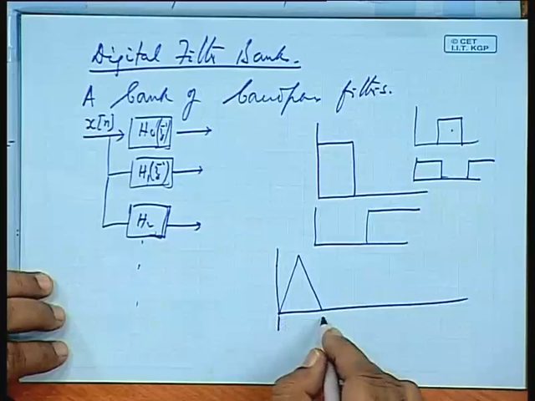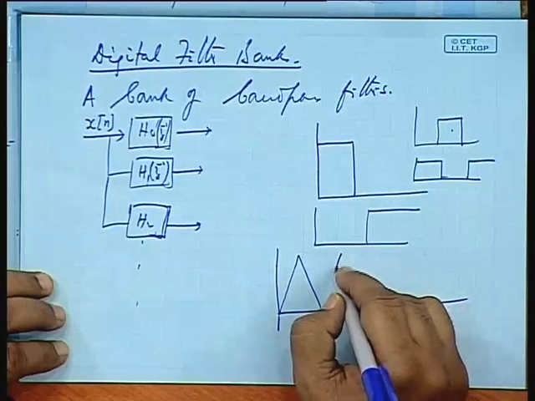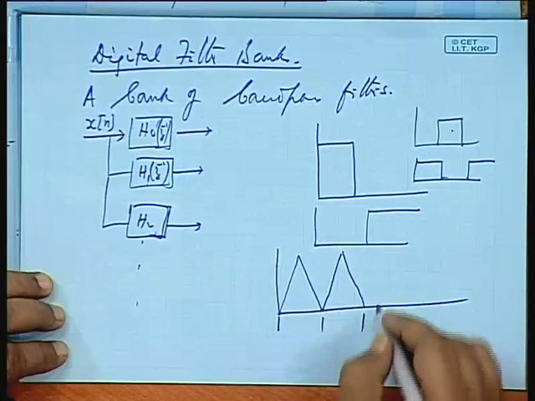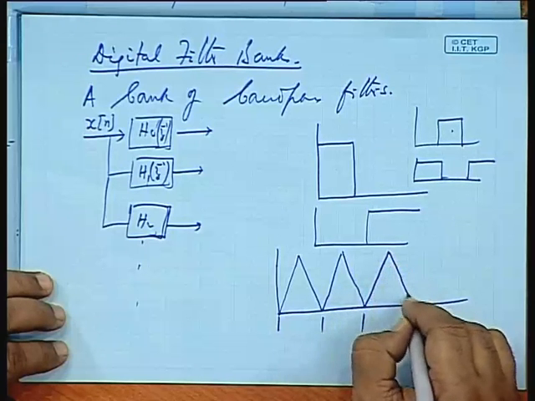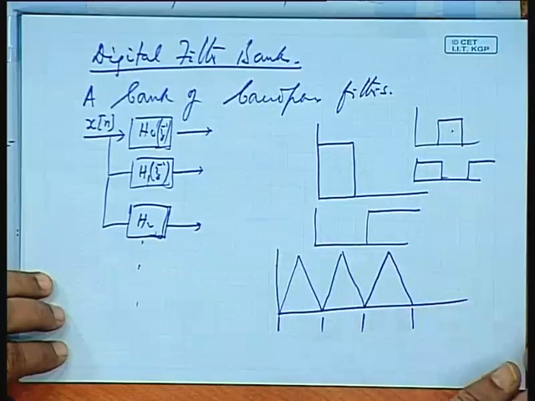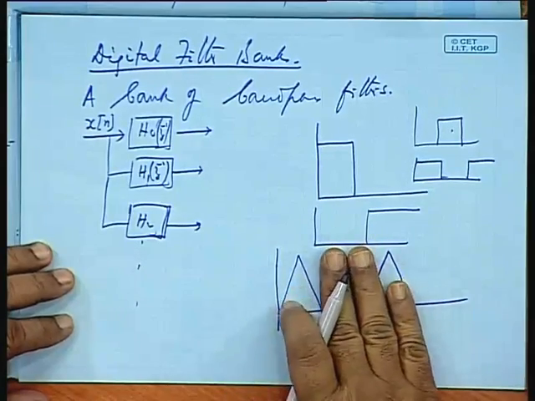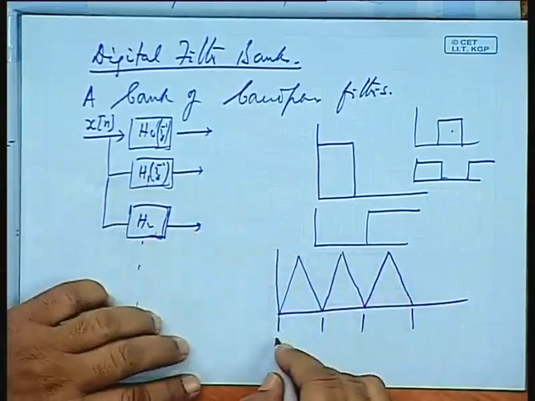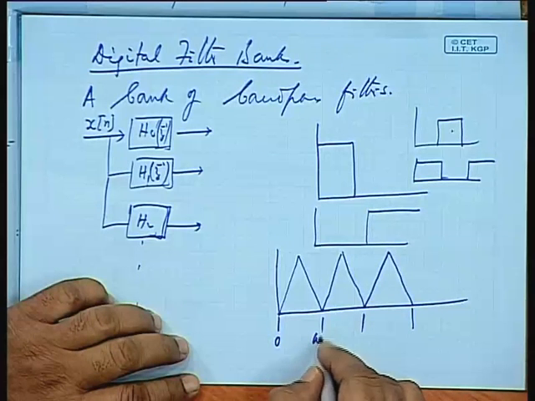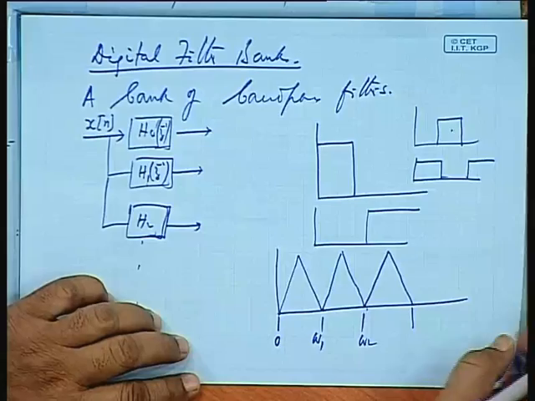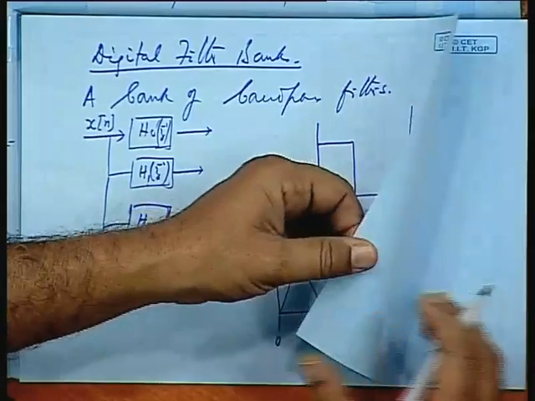This is one band. Next we take another filter like this, and another like this. Obviously, you cannot have all the filters put together. So, the first filter will be filtering frequencies from say 0 to omega 1, and the next one from omega 1 to omega 2.